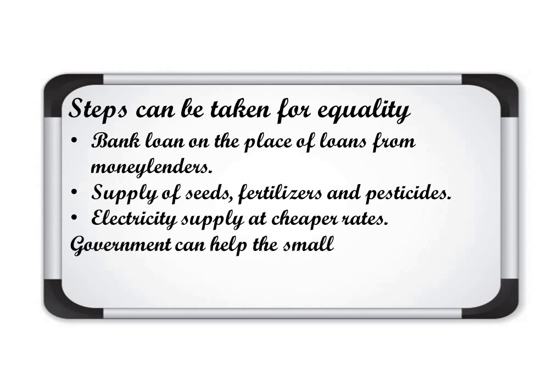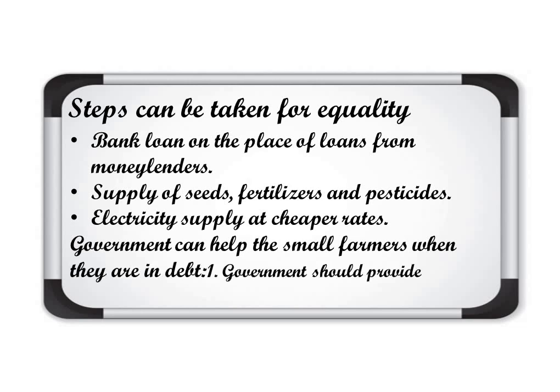Government can help the small farmers when they are in debt, when they have borrowed a lot of money from the bank as well as from the money lenders. So what should the government do? Government should provide loans at a lower interest rate.